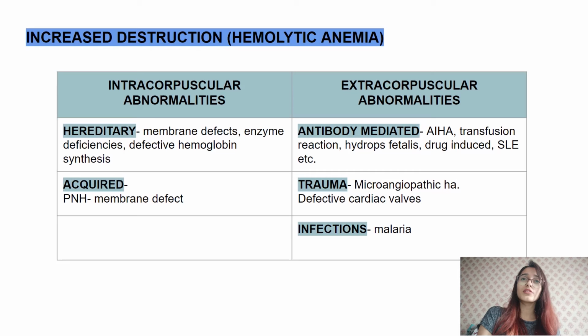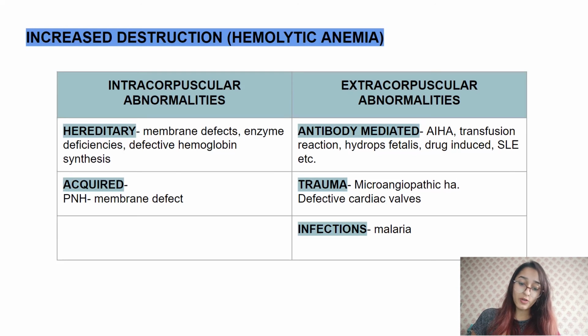For intracorpuscular, it's the same as the previous slide, hereditary and acquired. Hereditary includes all the causes we have mentioned, and the acquired one is paroxysmal nocturnal hemoglobinuria.